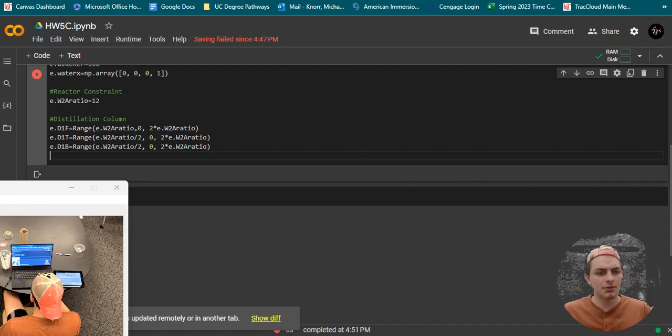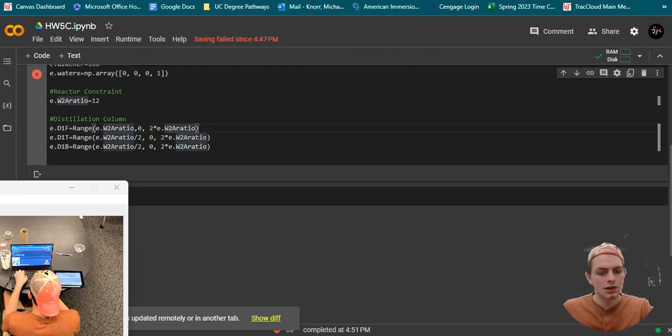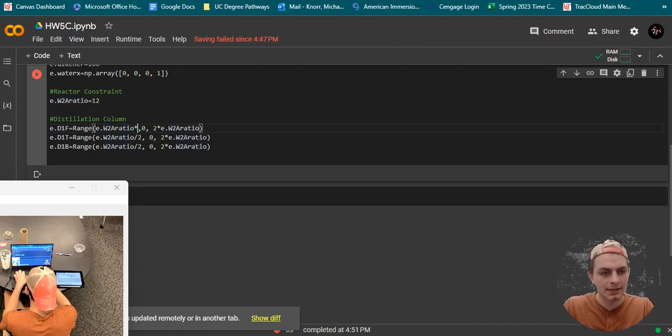Now we provided all of the, that would be our flow rates, as long as we multiply by, let's see, alkene flow rate.